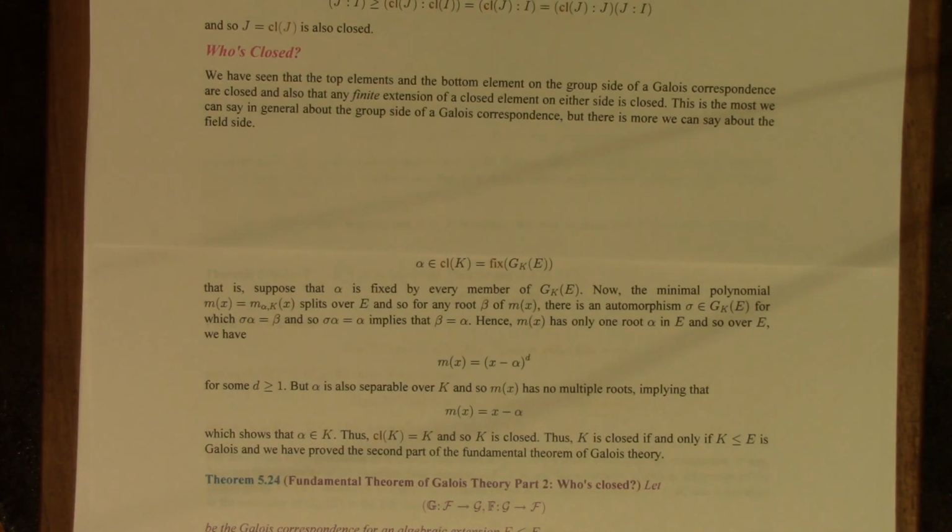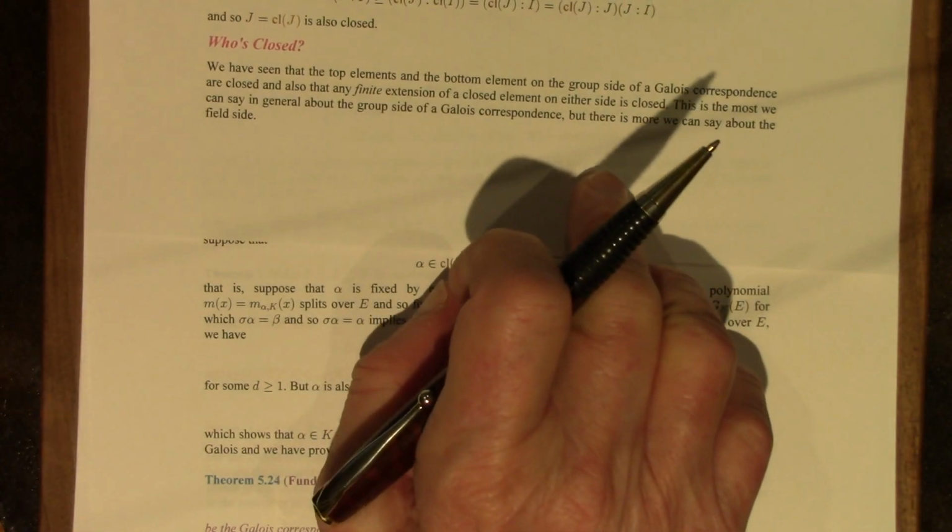And since the bottom element, the trivial subgroup, is closed, any finite extension is closed, which means all the subgroups are closed. So the group side is, you might say, completely closed. Everything is closed. On the field side, there is more to say.